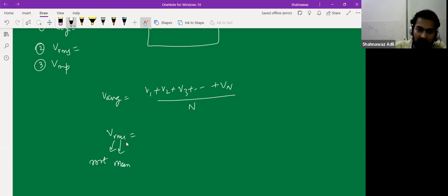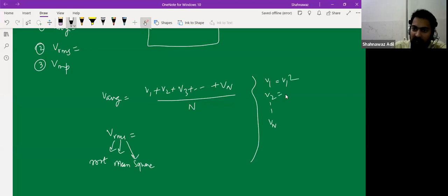and square. So the first thing is that you square. So you have the number of particles, V1, V2, up to n number of particles. So we square these velocities and then we take the mean.